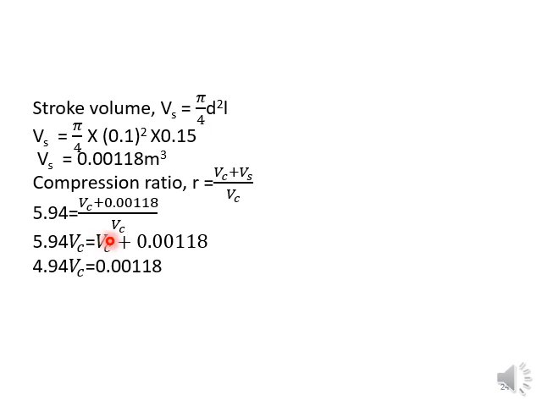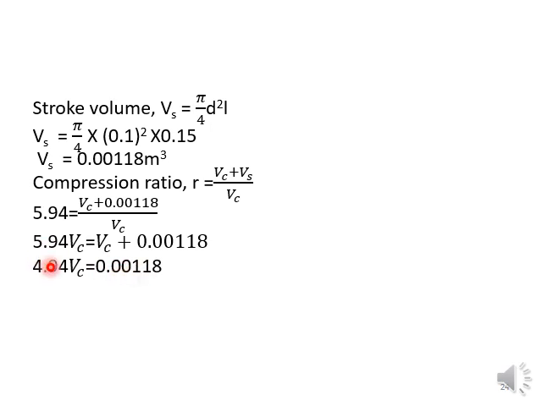So here one Vc is there on each side. So bring this Vc to the left hand side, it becomes Vc, take Vc as common, 5.94 minus 1. So many students, while bringing this Vc to this side, also write 5.94 incorrectly. Here take Vc as common, and 5.94 minus 1 becomes 4.94 Vc, which is equal to 0.00118.